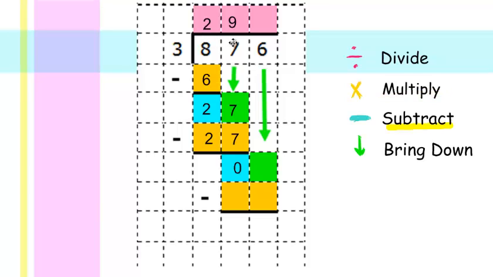Now the bring down step, bring the 6 down. Now we're back to the divide step. 3 goes into 6 2 times. The multiply step, 3 times 2 is the 6. 6 from 6 is 0. So there is no remainder on this problem.